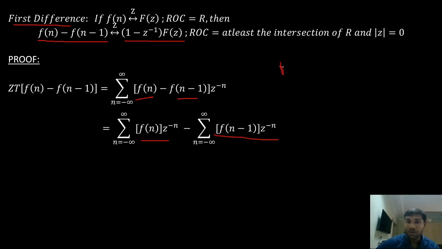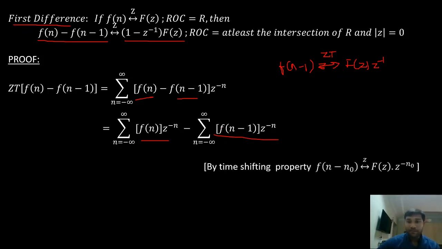For time shifting, the z transform of f of n minus 1 is nothing but F of z into z inverse. Since it is bilateral, I won't have any other terms.